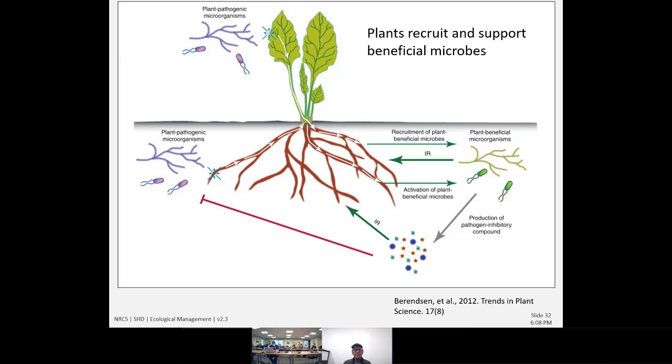You can see there also the green arrow, directly or produce pathogen inhibitory compounds. So they also protect them by secreting some chemicals that attract beneficials and protect from the pathogenic organisms.